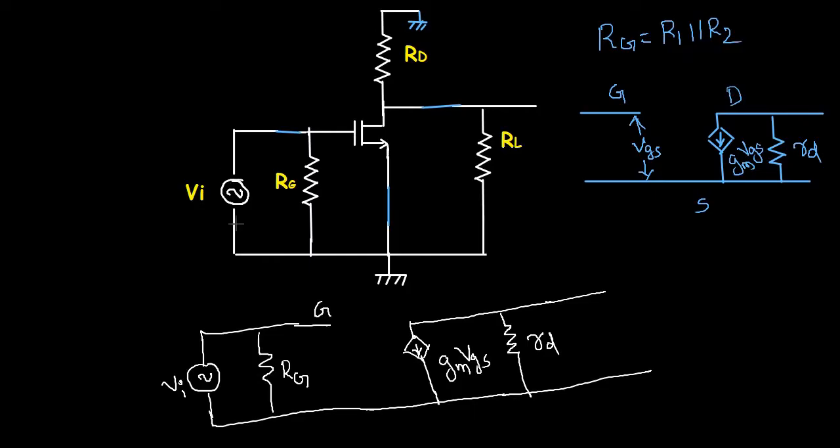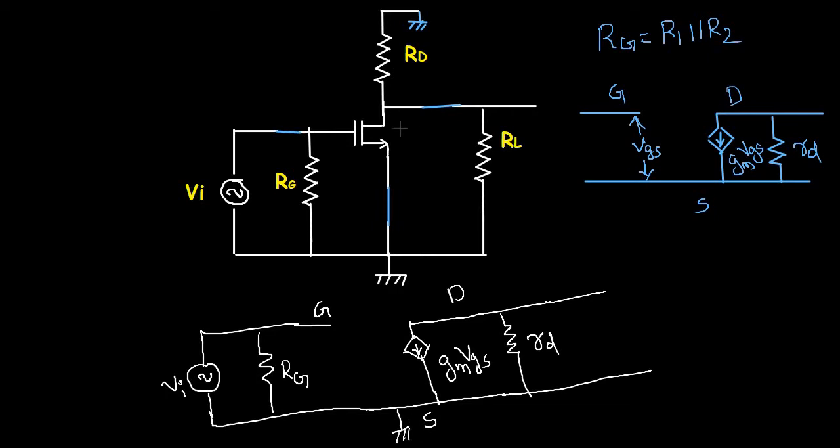So we draw Vi, Rg, then the MOSFET. This is the gate of the MOSFET, this is the drain, and this is the source. The source of the MOSFET is connected to ground, so we can ground this terminal.